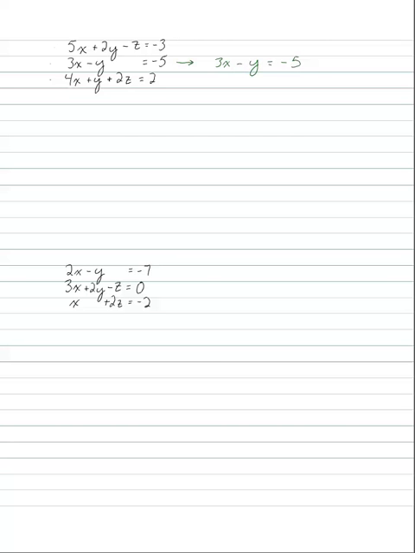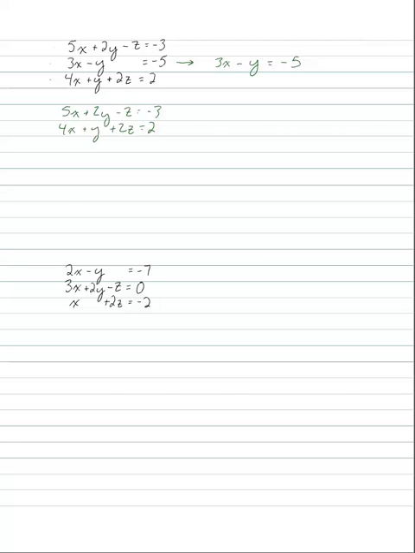Which means I want to somehow combine my first equation, 5x plus 2y minus z equals negative 3, and my third equation, 4x plus y plus 2z equals 2, such that my z's cancel. If I can do that, then I'll have another equation with just 2 variables.